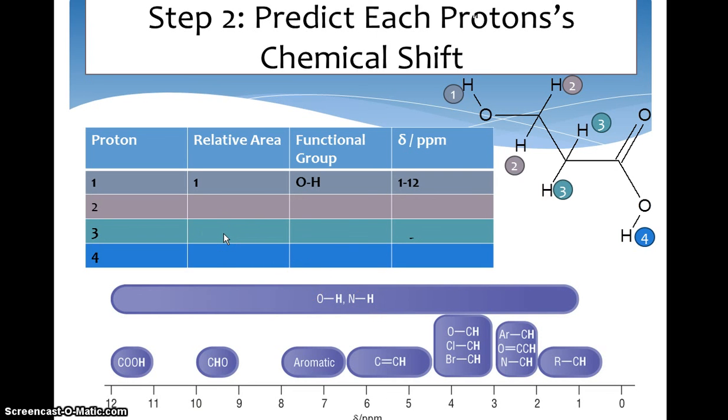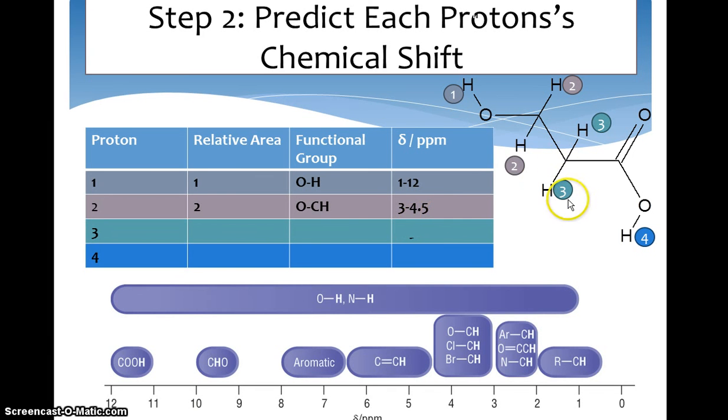Next we have proton number 2, and we've got 2 of those, so the relative area is 2. Now this is an OCH because it's next to a carbon which is next to an oxygen, and the chemical shift is in that region, 3 to 4.5.